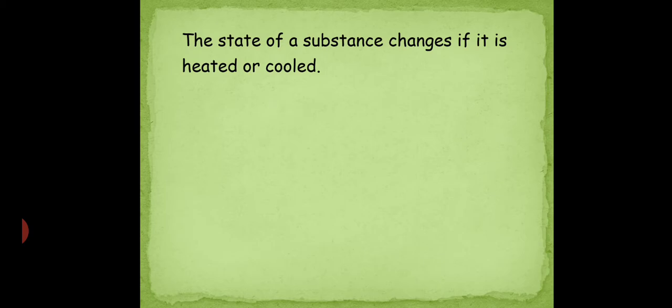The ice starts to melt and become water, which is in the liquid state. When you boil this water, it gains more heat and turns into vapors. Vapors are in gaseous state. So, the state of a substance changes if it is heated or cooled.